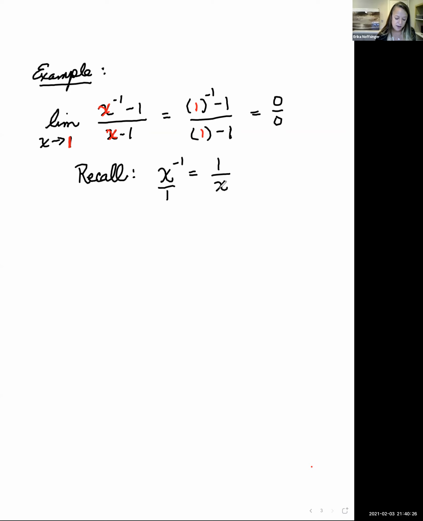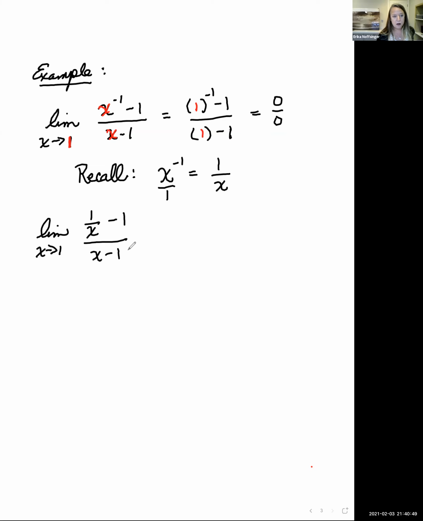So let's go back and rewrite our limit with 1 over x instead of x to the negative 1 power. So we have the limit here as x is approaching 1 of 1 over x minus 1 all over x minus 1. So really that didn't change anything, in that when I go back in here and plug in 1, I'm still getting 0 over 0.